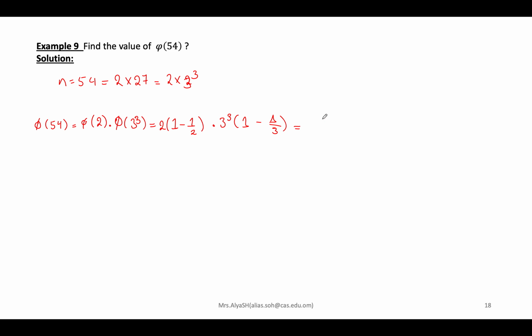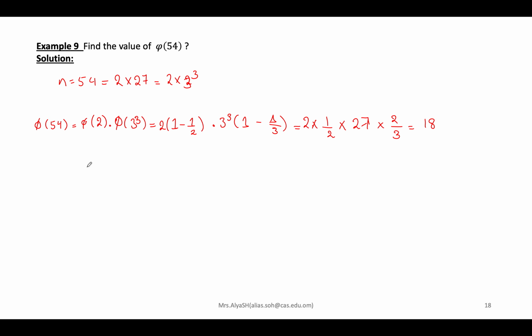So here we got 2 times a half times 27 times... 1 minus 1 over 3 we got 2 over 3. And this is equal to 18.